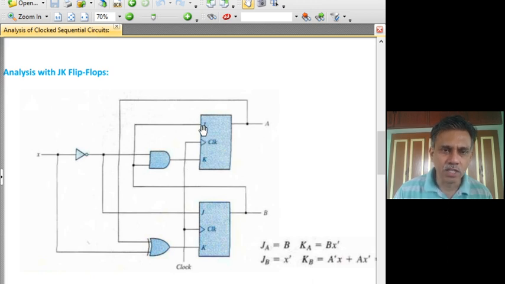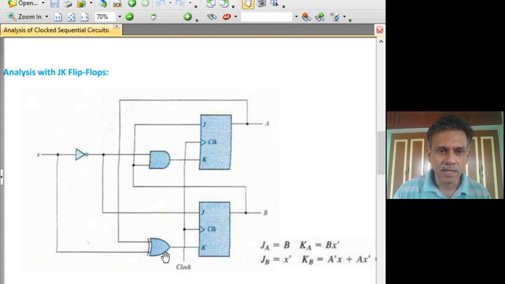If you look at JA, JA is tapped directly from B, so the equation is JA equals B. If you look at KA, KA is the AND of B and this signal, X complement. So KA is B times X complement. And JB is directly taken from X bar.